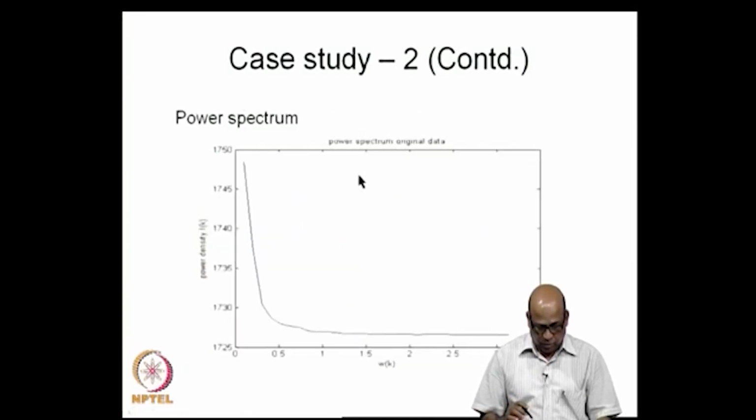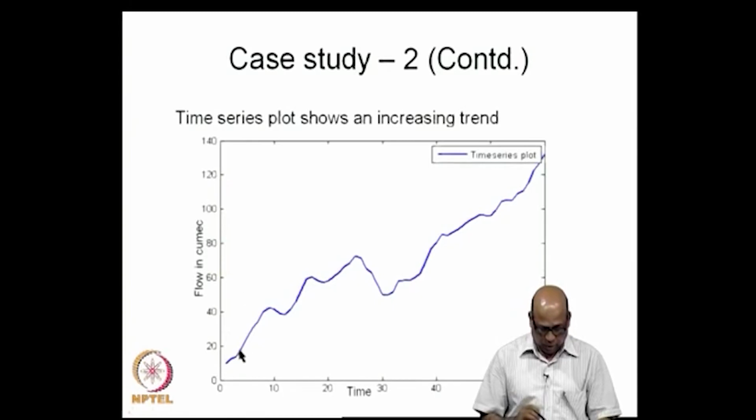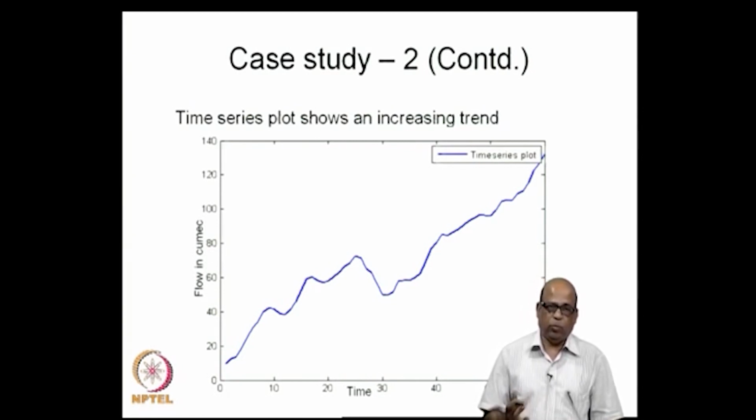Now, because we saw a trend here, the time series had a trend, we want to remove the trend. So, what is the procedure? In the ARMA model procedure that we adopt to remove the deterministic components, we do the differencing first. So, x t minus x t minus 1, that is the first differencing.